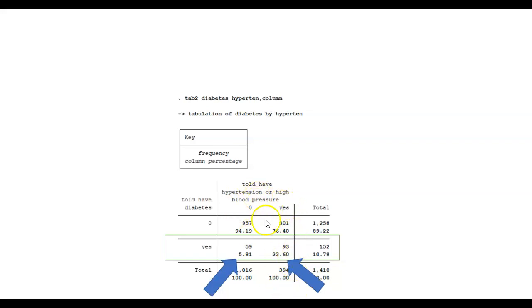People told that they didn't have high blood pressure but also had diabetes, that's only 5.8%. So right off the bat, of the people that have diabetes, 23.6% are also told that they have high blood pressure.